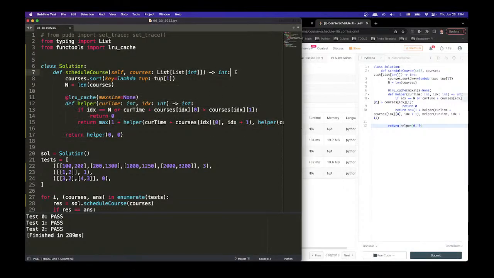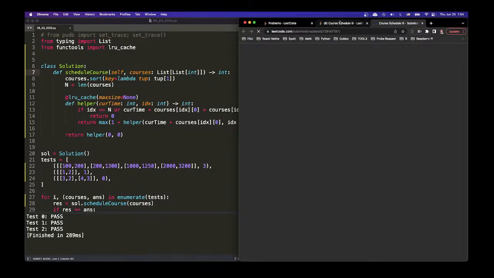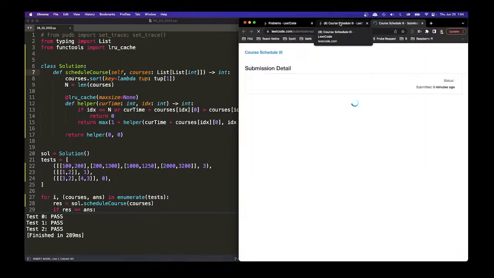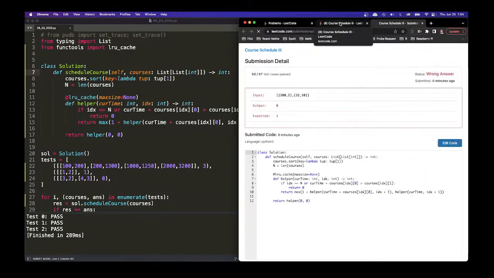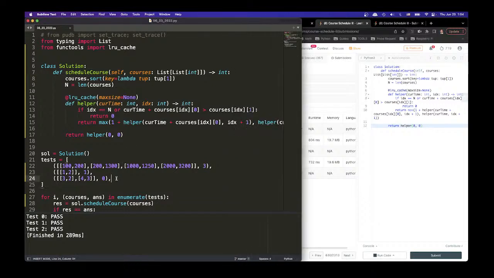So, oh, I thought timeout. It didn't time out, it's a wrong answer. Huh. Expected 1. What? 100.